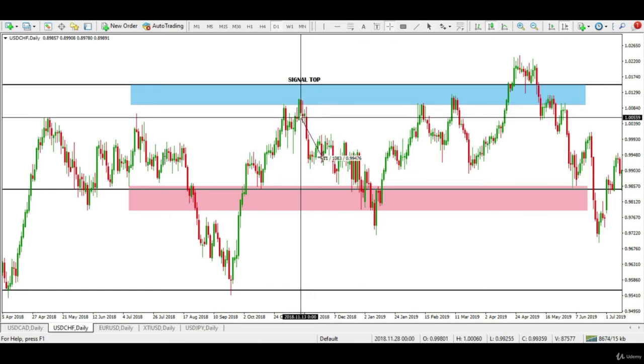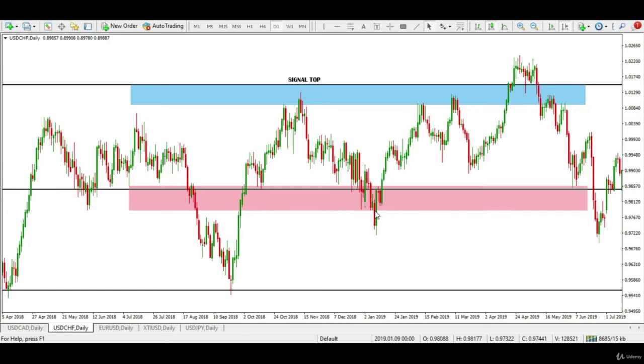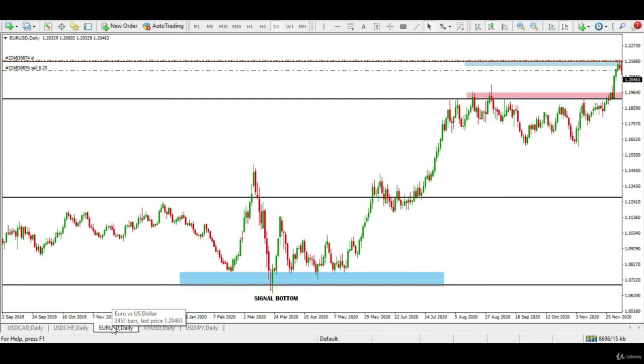More often than not, a signal top formation linked to key level presents a highly profitable opportunity on larger time frames. Let's continue studying next example of euro dollar, but this time we are focusing on a signal bottom which appears after a clear downtrend.